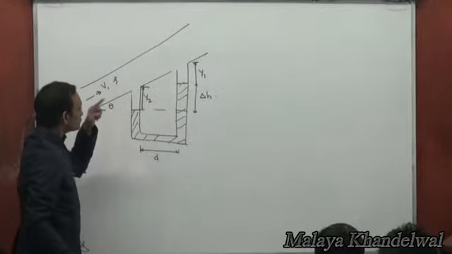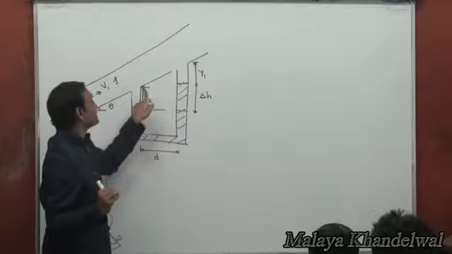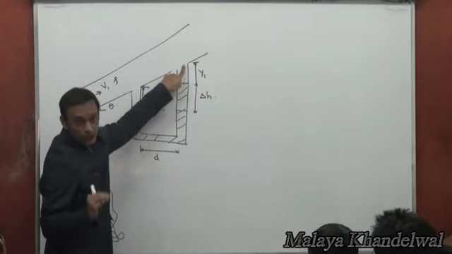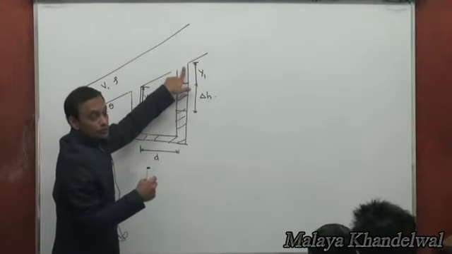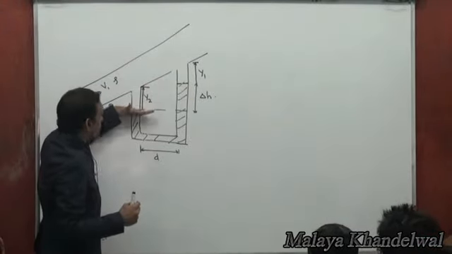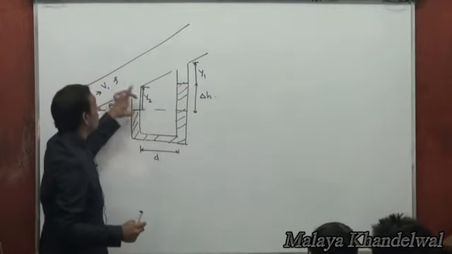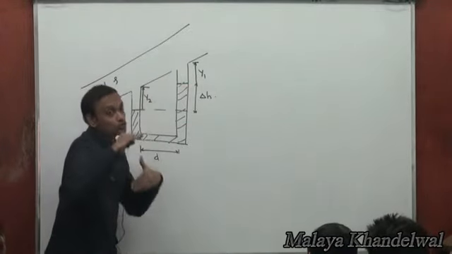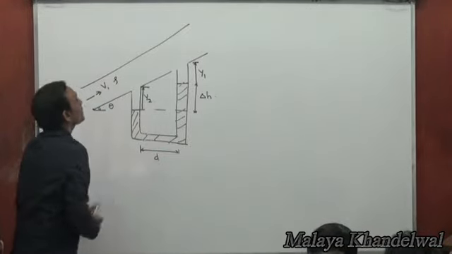Right? But the datum is increasing. So the pressure will decrease. As you go from here to here, the fluid pressure will decrease, which means if the fluid pressure here is more than the fluid pressure there, so that higher fluid pressure will depress it more compared to this limb. So there would be a difference in heights of mercury levels in the two limbs, right, owing to the difference in fluid pressure, right?